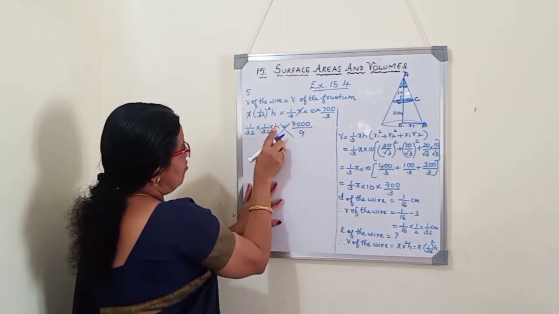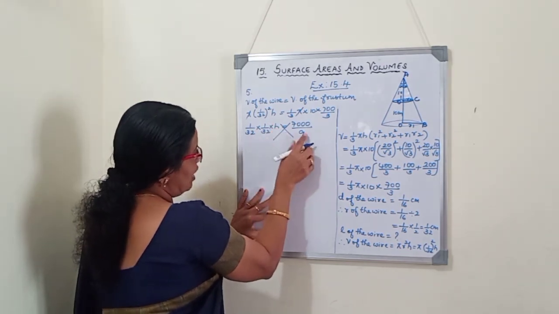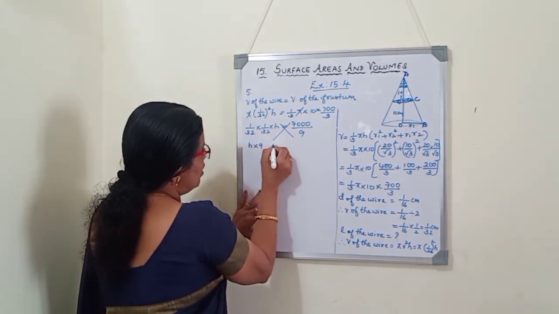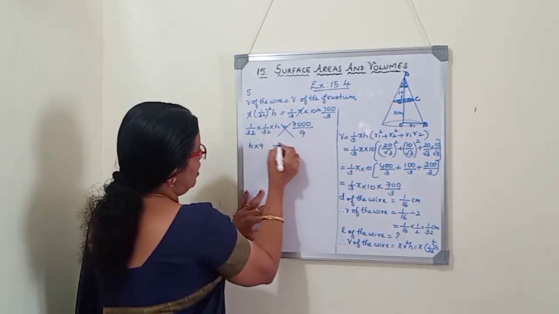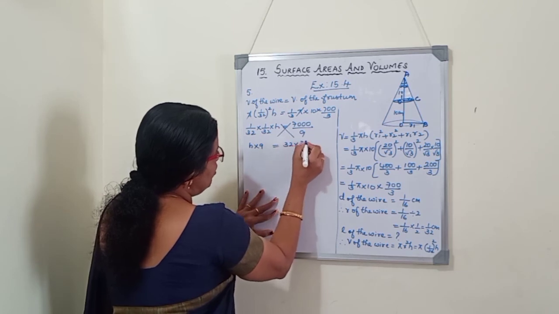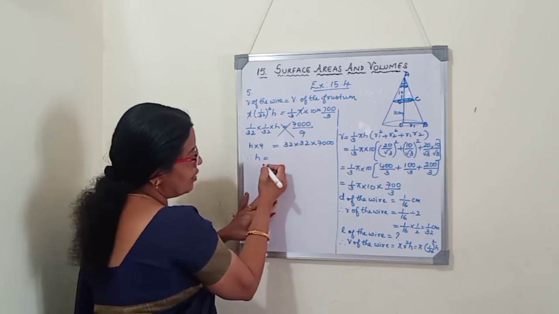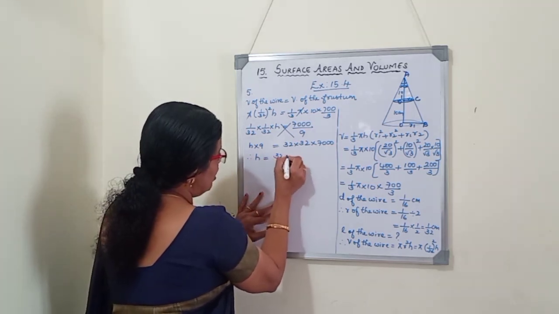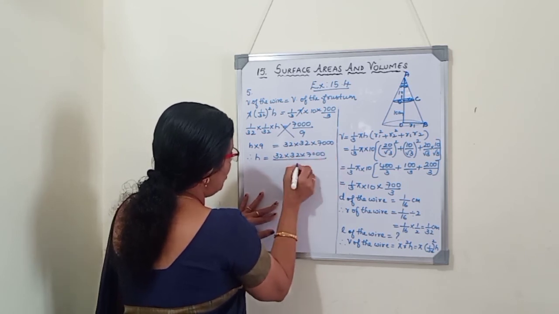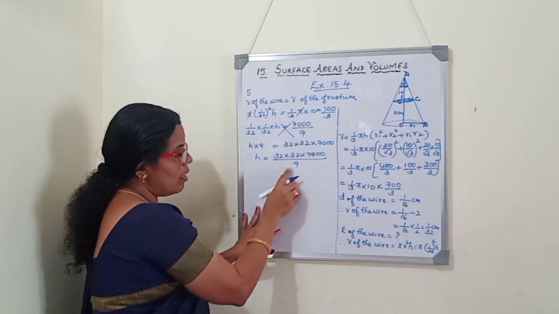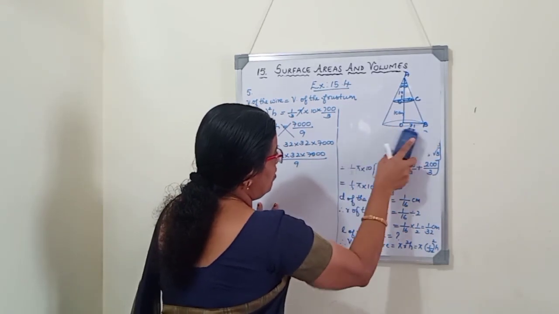So here, h into 9 we will get is equal to, on the right side, all these denominators multiplied with the numerator, that is 32 into 32 into 7000. Therefore, h, that is height of the wire or length of the wire, equals 32 into 32 into 7000 divided by 9. These numbers are not divisible by 9, so we will multiply all these and divide it by 9.